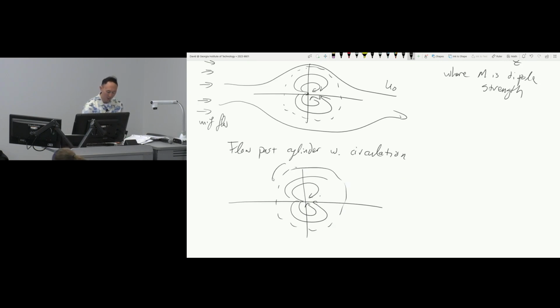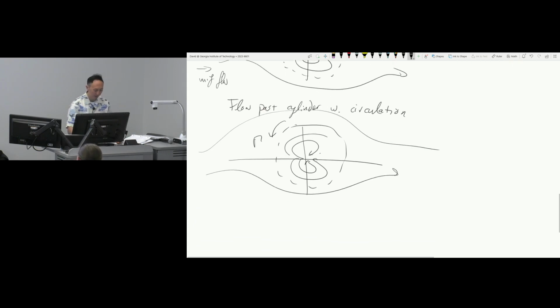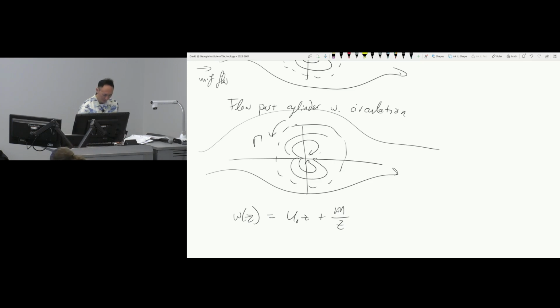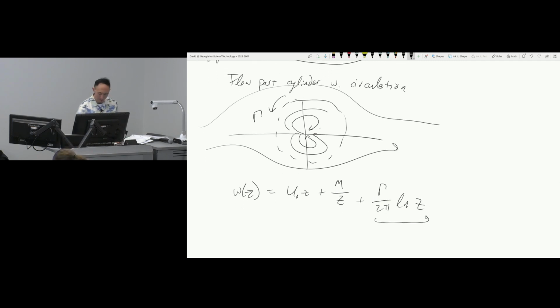Remember, I'm superposing. So I can draw my old stuff, but I'm adding this gamma. And we have this basically flow coming in with circulation. So we got everything we had before, plus, but now I'm adding this circulation. That's what you need for your homework. And remember, this is the irrotational vortex.